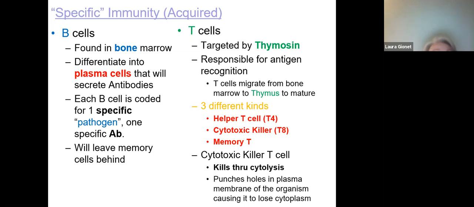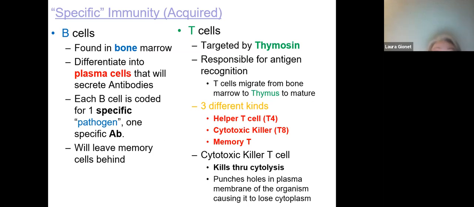Each B cell codes for one specific pathogen, or one specific antibody, and will leave memory cells behind. So what that means is that once B cells are stimulated to become immunocompetent, they will become a plasma cell that makes one specific antibody that is designed to fit with one specific antigen or pathogen.